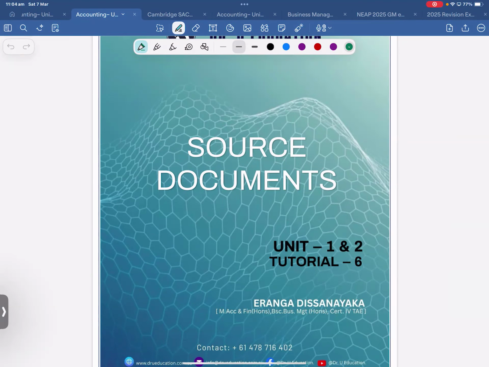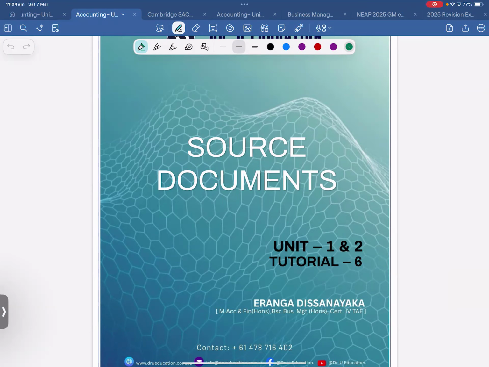Birth certificate, yes, a birth certificate to prove that a child is born, and that basically proves that person's birth. Similarly, what I call source documents are like birth certificates for transactions.